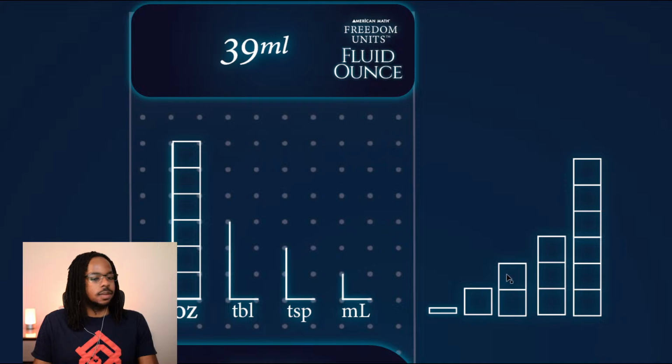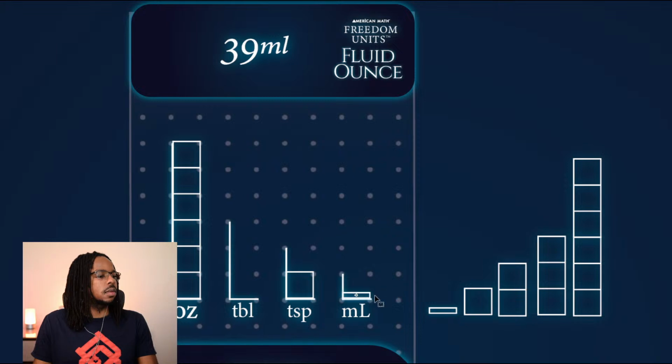So 2 teaspoons is too many milliliters because it's 10. So we're going to drag out 1 teaspoon because 1 teaspoon is 5 milliliters. Boom. So now we need 4 more milliliters. So we'll go to our individuals right here and drag them into the milliliters section.